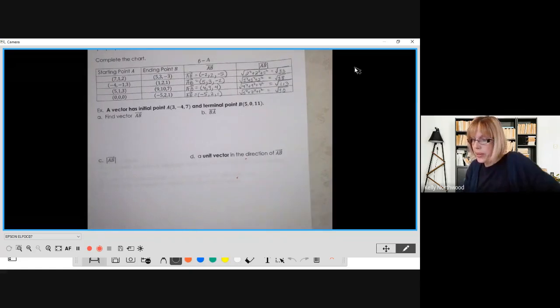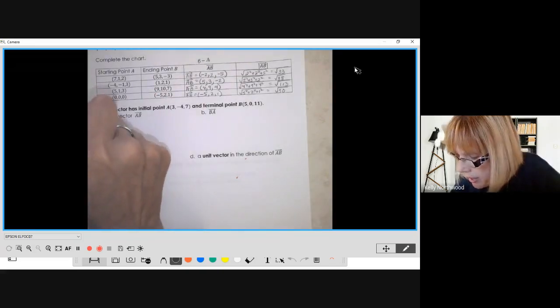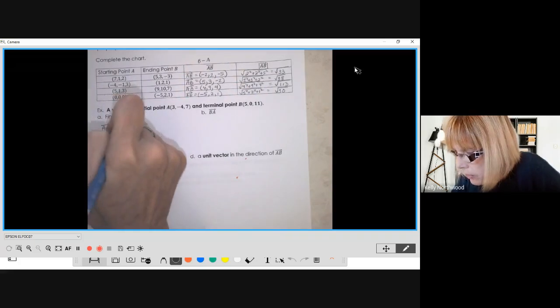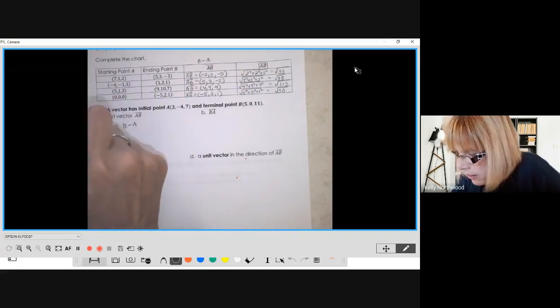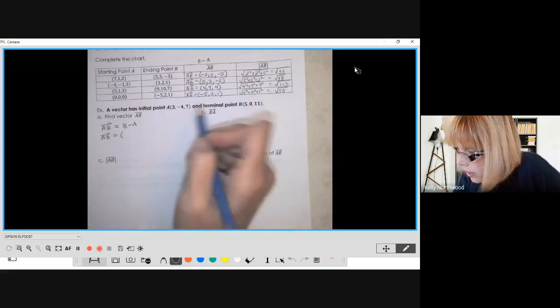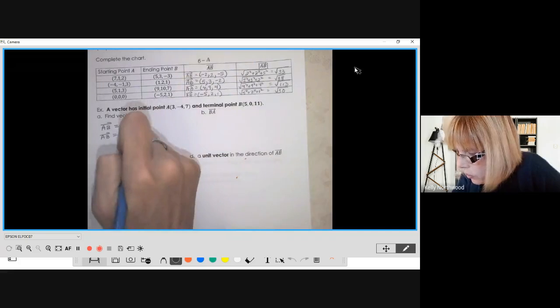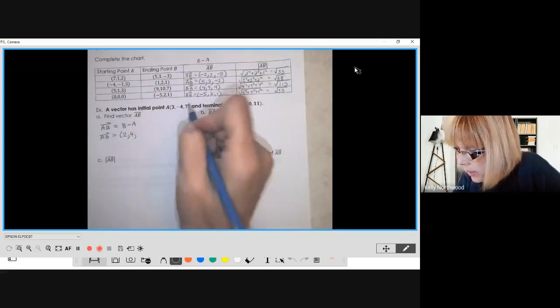So here's an example. A vector has initial point A 3, -4, 7, and terminal point B 5, 0, 11. Find vector AB. So vector AB is B minus A, which is 5 minus 3, 0 minus -4, 11 minus 7.